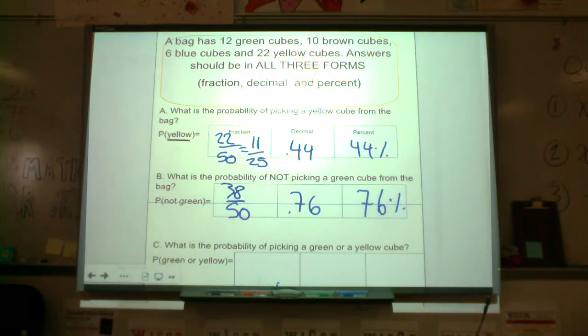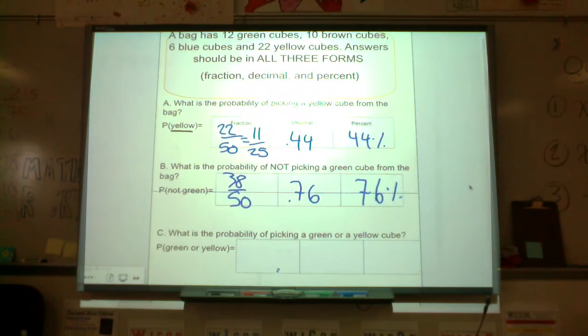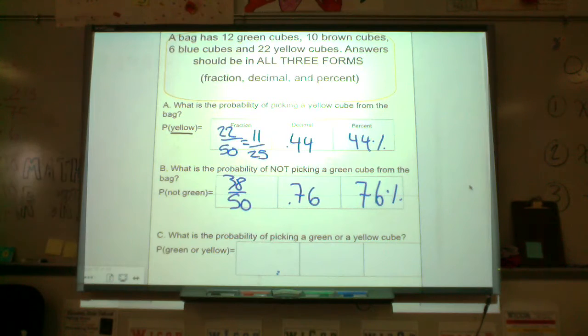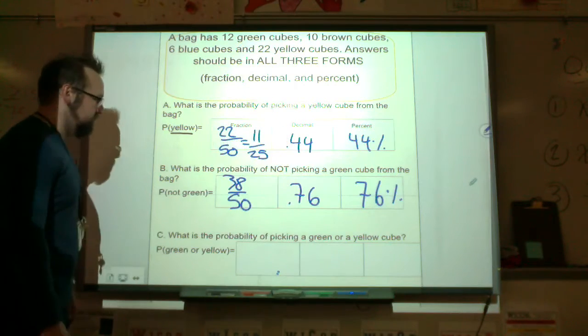So the probability of picking a green or a yellow, try that as well.